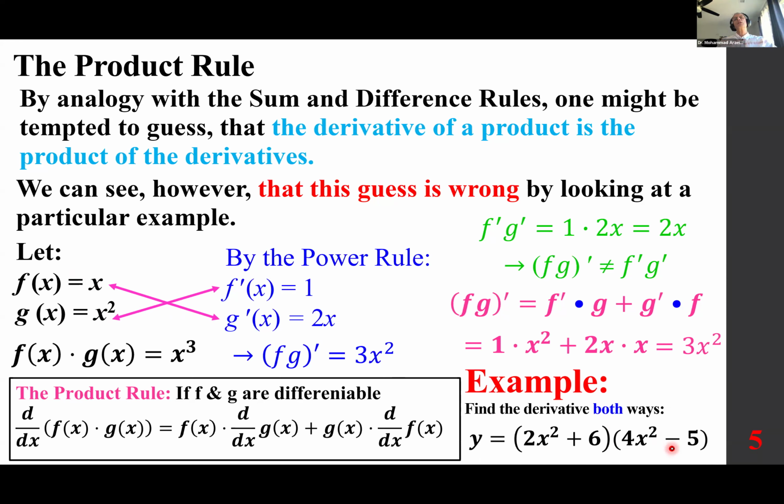All right, we want to differentiate y equals x squared minus 3x over x minus 1. We are going to use the quotient rule. Therefore, we're going to call it f over g. So we need f prime g minus g prime f over g squared.